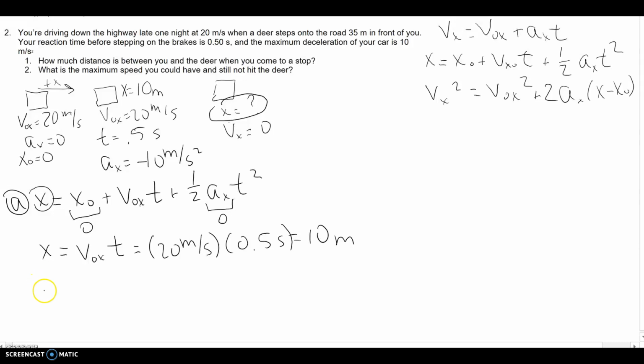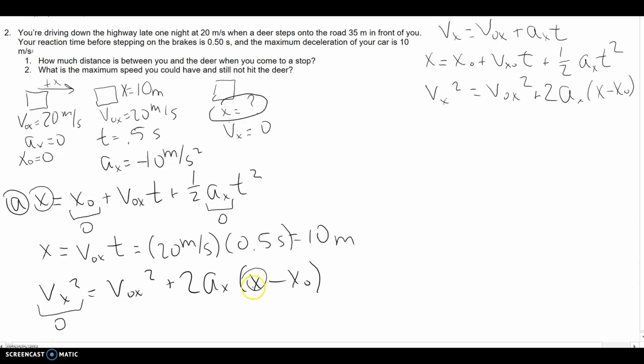So our equation states that our final velocity squared is our initial velocity squared plus 2 times our acceleration multiplied by our displacement. Now we know our final velocity is going to be 0, right? We want to see how far we go. So we're solving for that x value when we come to a stop.